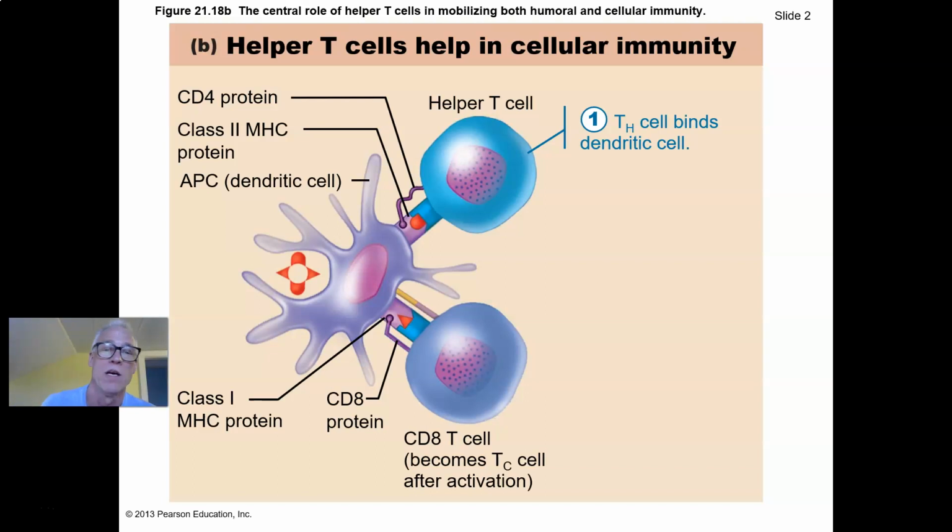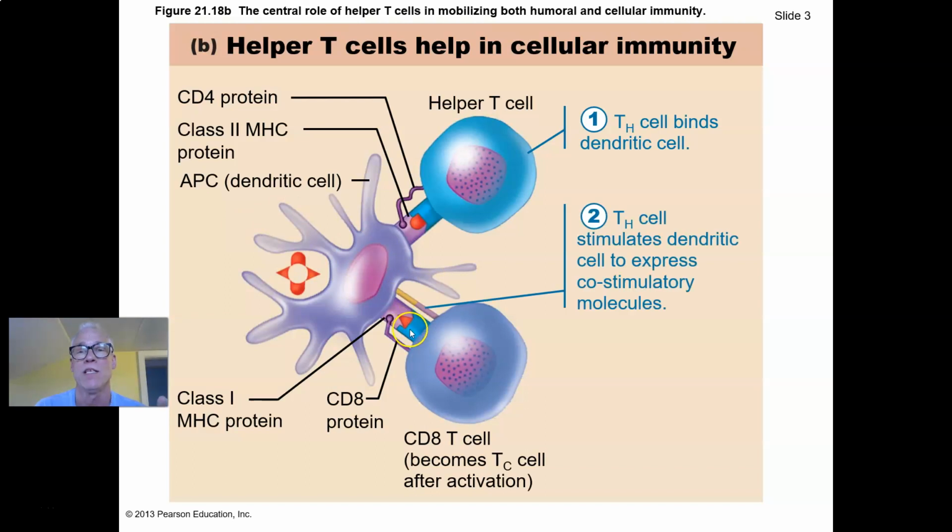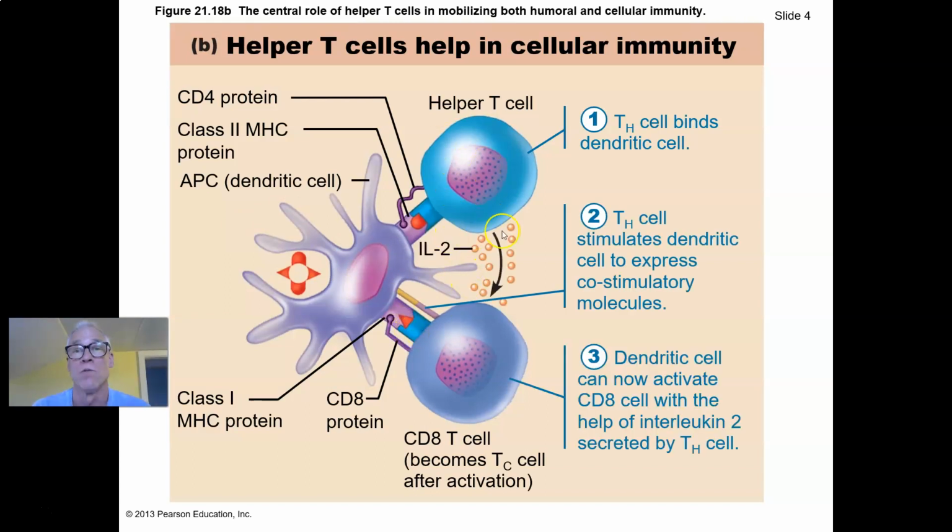We found the right CD8 cell that recognizes today's infection, recognizes this antigen, and the helper T cell will then release a cytokine which will drive the proliferation of this cytotoxic T cell, allow it to go forward, proliferate, and form mature effector cells that can go around and kill infected cells in the body.